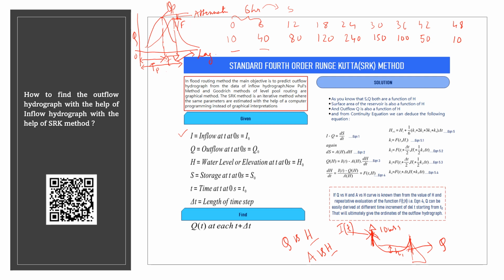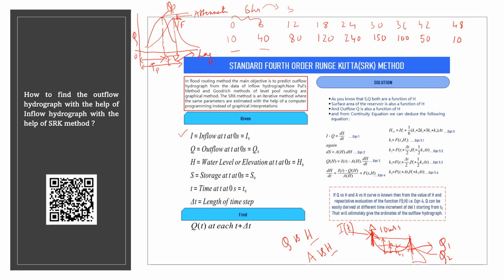So a certain amount of discharge will take place. But if this water level is increased due to the incoming water from the inflow flood, let us say H2, then for H1 we have a discharge of Q1, and for H2 we have a discharge of Q2.